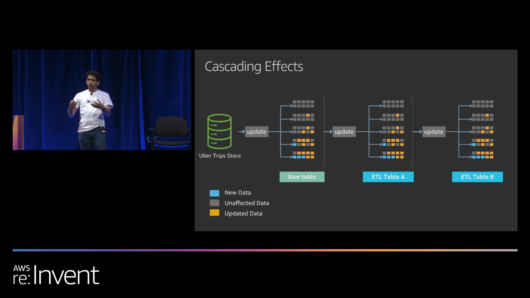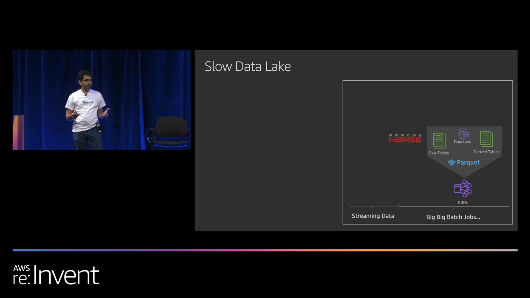Now, going back to the use case, if the fare got updated, you now need to update this ETL derived table as well. So this goes across the entire ecosystem. This needed some more holistic thinking on how to manage the data movement and how we propagate data across these stages.